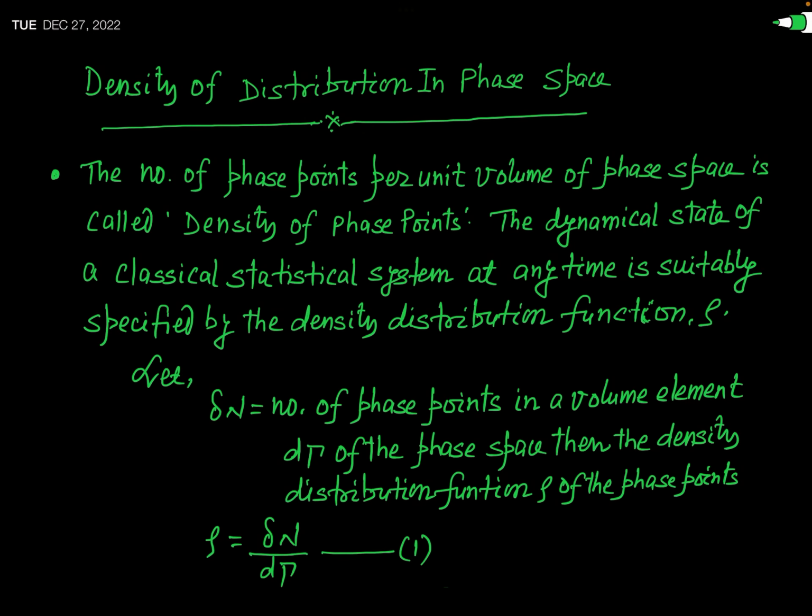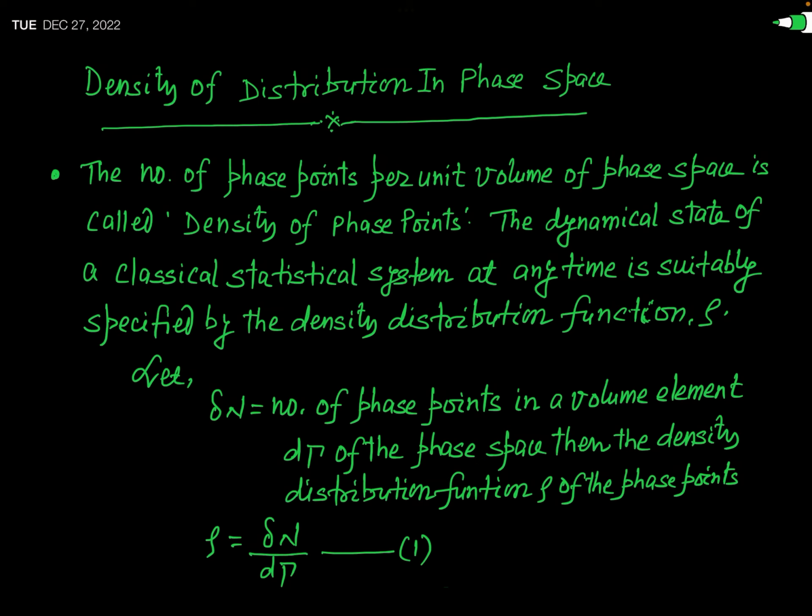After a brief account of phase space, today we are going to discuss a very important concept regarding this phase space, and this is about the density of distribution in phase space.